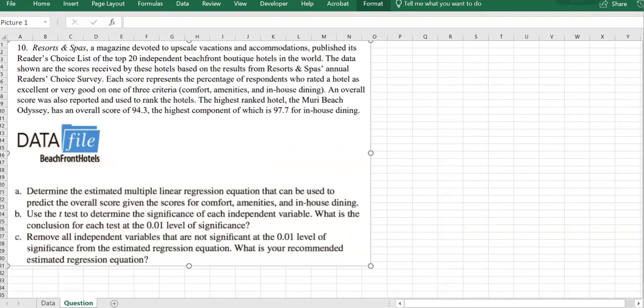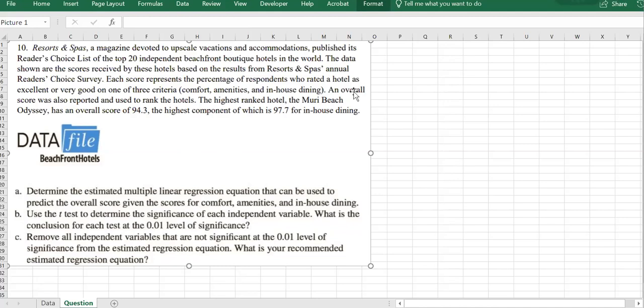So this is a multiple regression question. There is a survey-based data set, and we have the scores on comfort, amenities, and in-house dining, and also an overall score for the satisfaction of the customers.